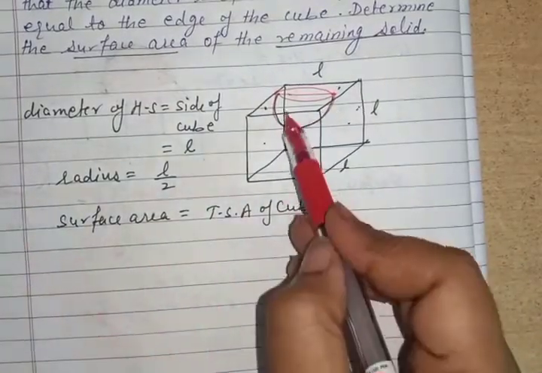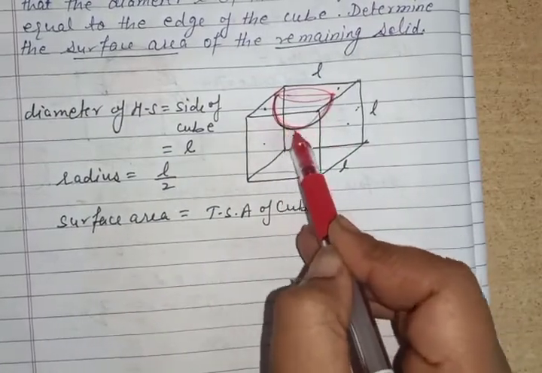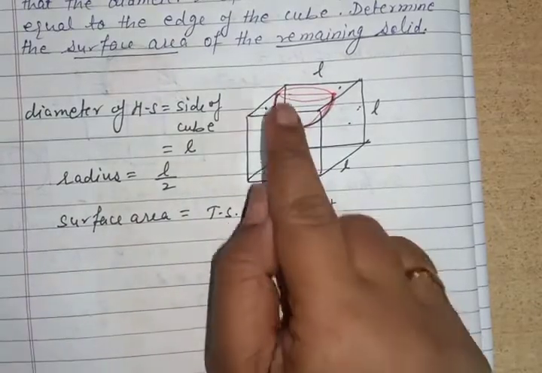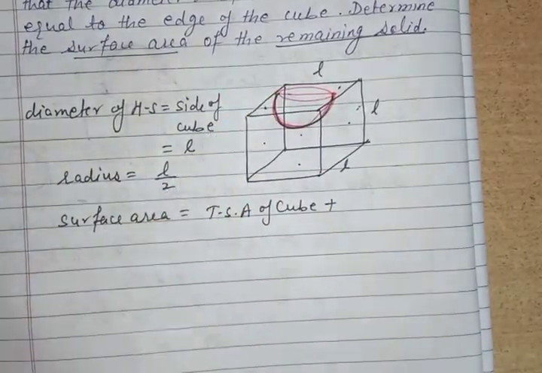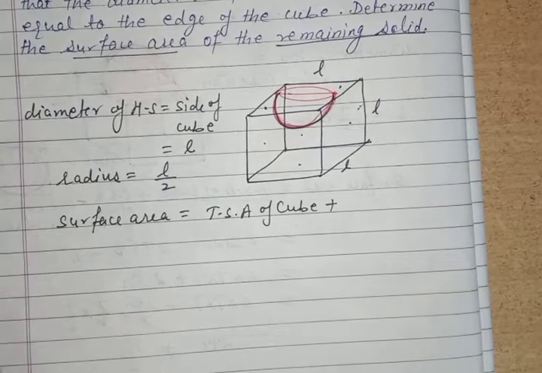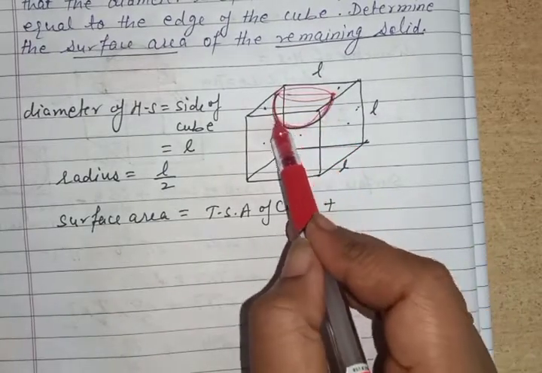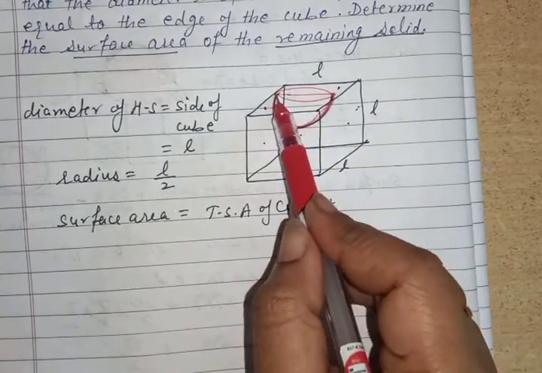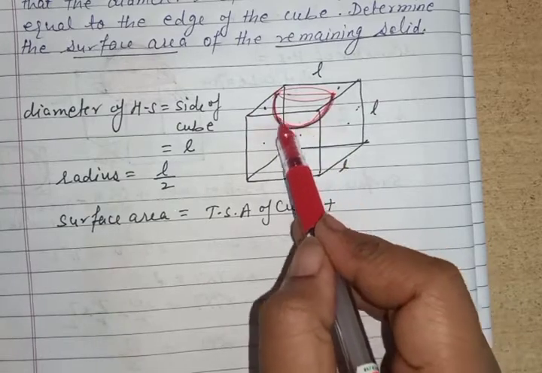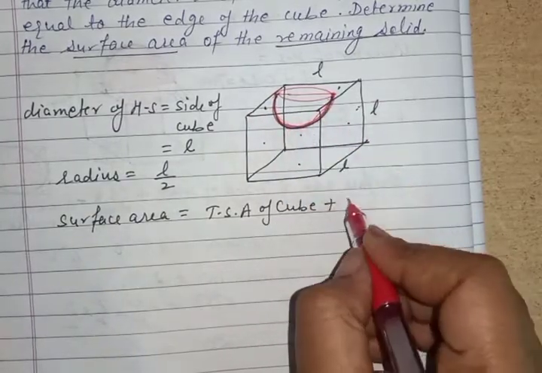This part, if you can see, is like a hollow, just like if ice cream is in the shape of a cube and we take out a hemispherical scoop like this, a depression is formed, and this depression also we can paint.